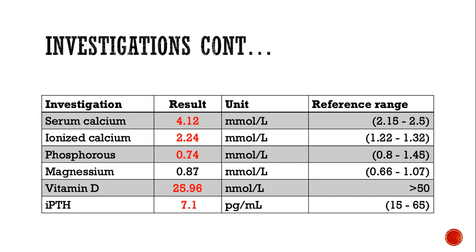Ionized calcium was also elevated, 2.24 millimoles per liter. Phosphorus was 0.74 millimoles per liter, which was low. He had normal magnesium level. Vitamin D was decreased, 25.9 nanomoles per liter, and intact PTH was decreased, 7.1 picograms per milliliter.